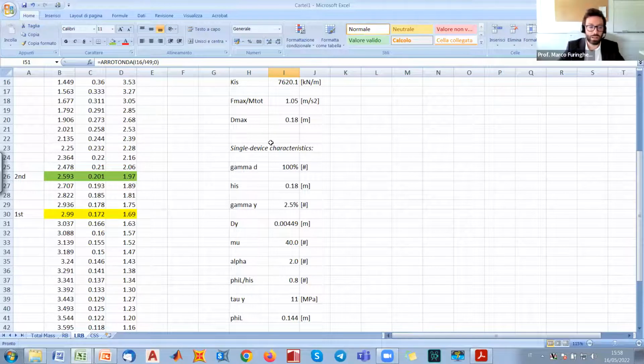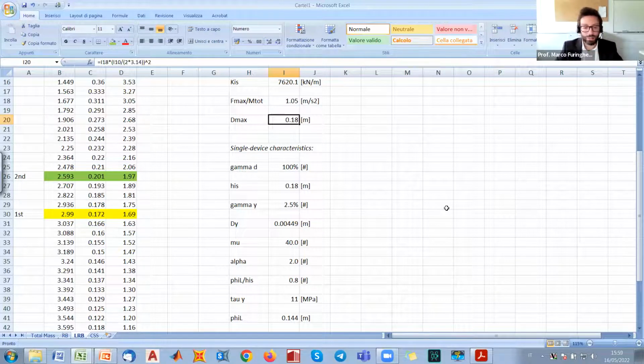Generally we will get some higher values also in the single-event response, but maybe the average value, which is the one ruled by the standard code to be checked, will be close to the maximum displacement computed in the design.